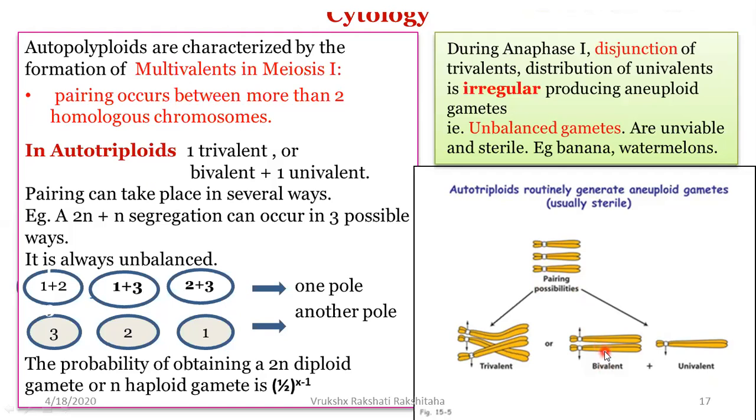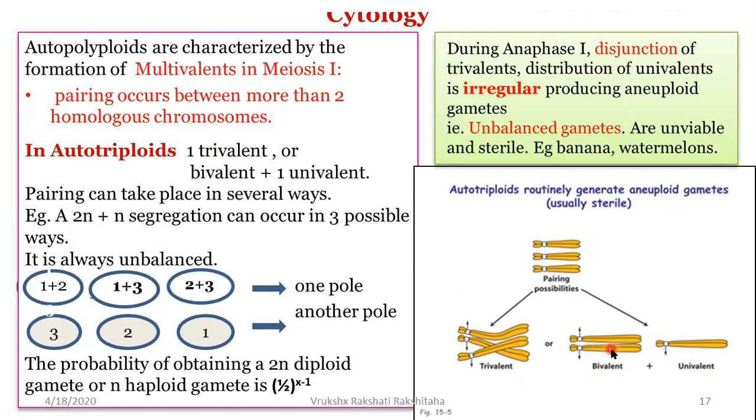And when a bivalent is formed, a single chromosome represents the univalent. So these are the pairing possibilities in case of autotriploidy. So we found that in autotriploids, either one trivalent may be formed or one bivalent and one univalent may be formed.